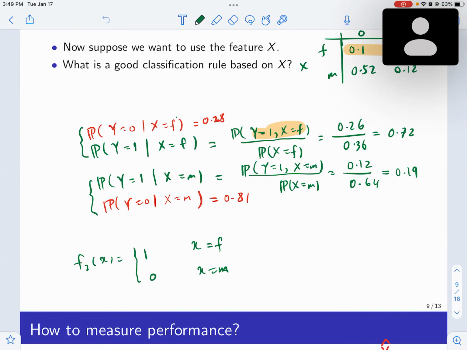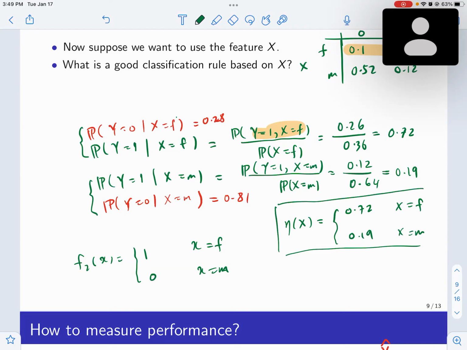So my regression function here, if I want to write it, would be 0.72 if x is female and 0.19 if x is male. That's just two values. And then in each case, I'm going to compare this with 1/2. If it's bigger than 1/2, I'm going to declare 1. If it's less than 1/2, I'm going to declare 0. So this is bigger than 1/2, so the decision is 1 here. This is less than 1/2, so this will be 0 here.